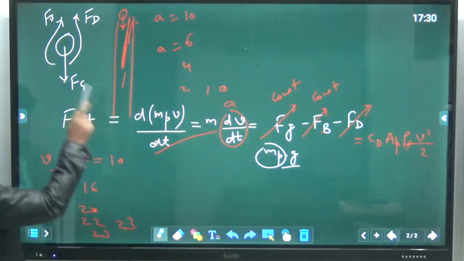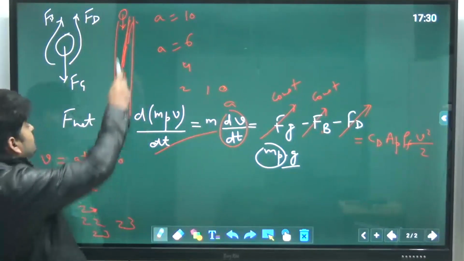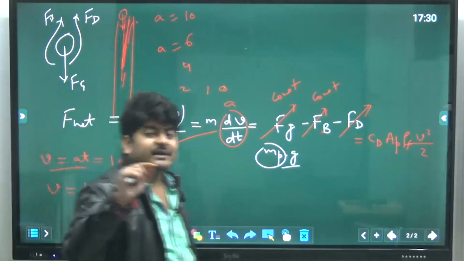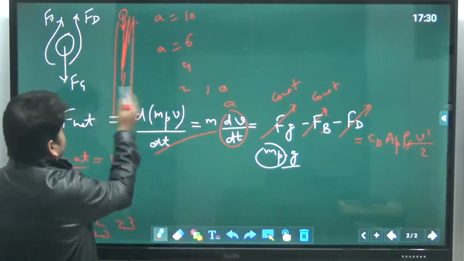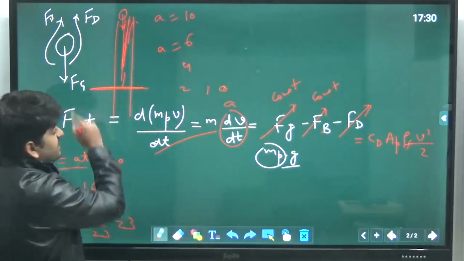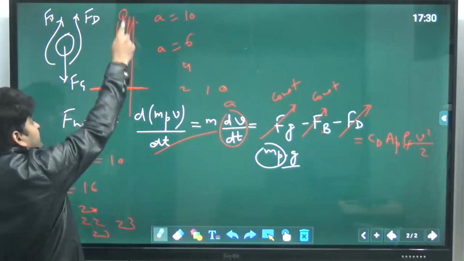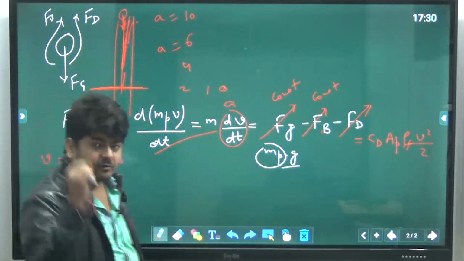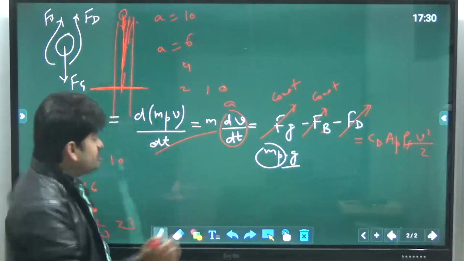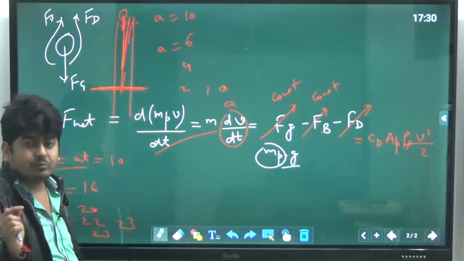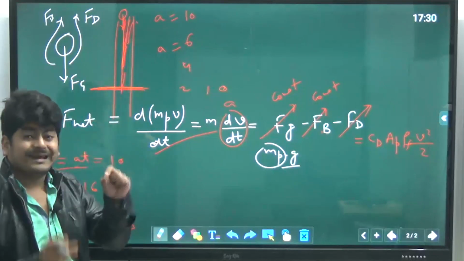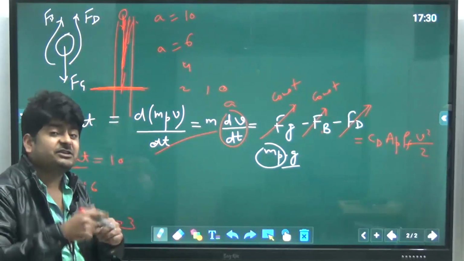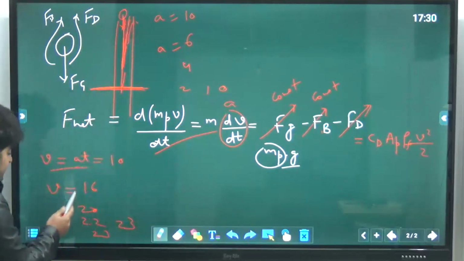So you can see throughout the journey, until the particle reaches terminal velocity, from the starting point to that threshold point, whatever you want to call it, till that point acceleration is there. Although acceleration is decreasing, it is there. And since acceleration is there, velocity will keep on increasing.